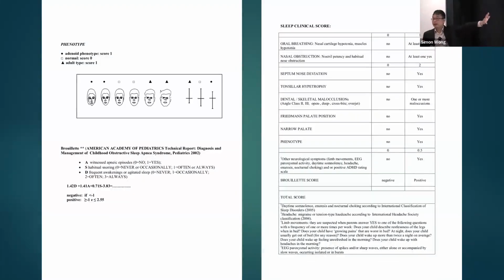You can plug it into the formula, and then you can have a valid reason to refer to the sleep physician because you've done the homework for them, because that's all they're going to do. And you can now work in collaboration with ENTs and sleep physicians.